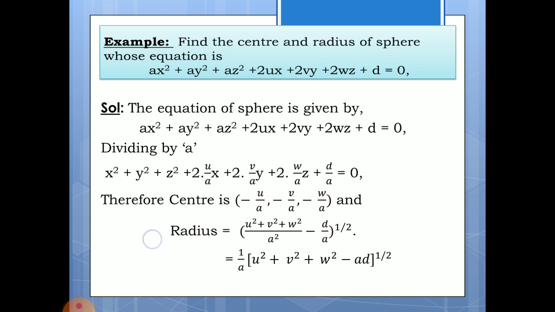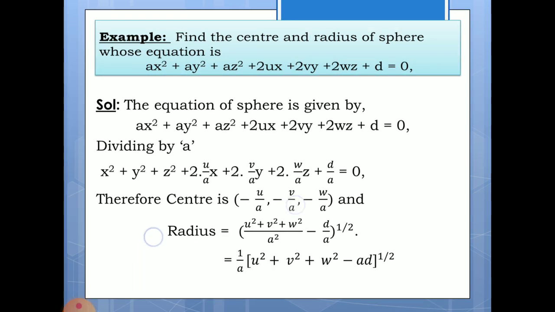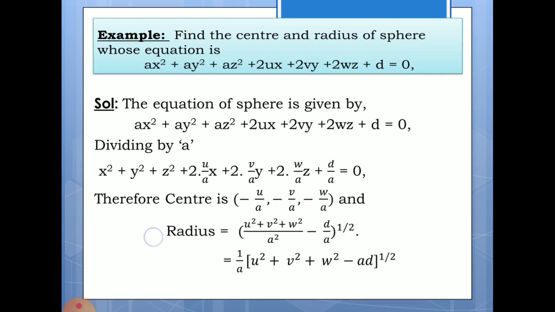That means this radius is written as 1/a times (u² + v² + w² − ad) raised to half, or it can be written as the square root of (u² + v² + w² − d) divided by a², and the center is (−u/a, −v/a, −w/a).